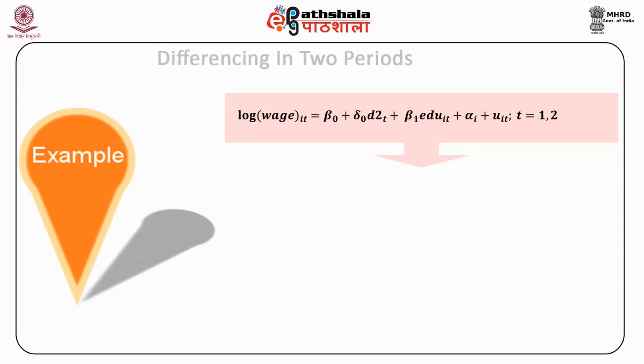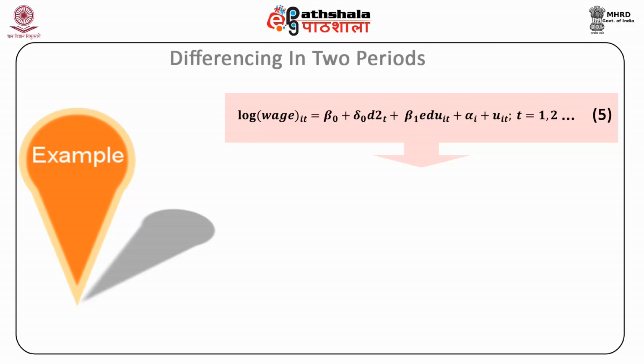This is our equation 5, where alpha_i stands for unobserved ability, which is probably correlated with the independent variable edu_it. We allow different intercepts across time to account for aggregate productivity gains, and precisely inflation if wage_it is in nominal terms.